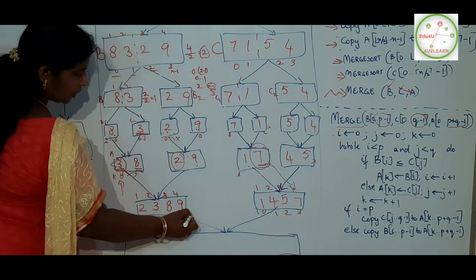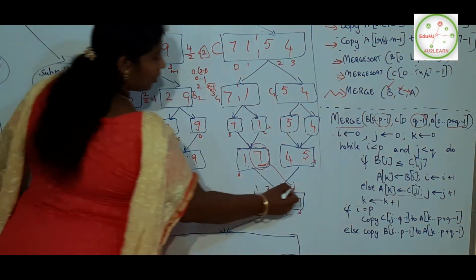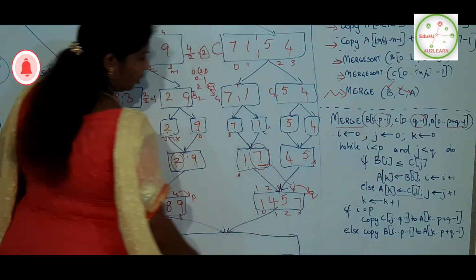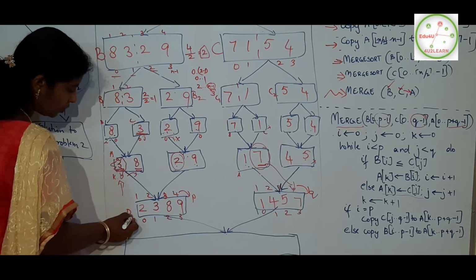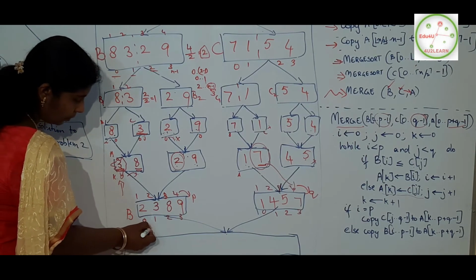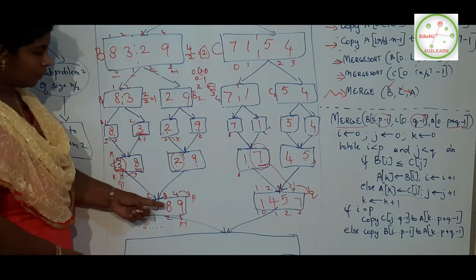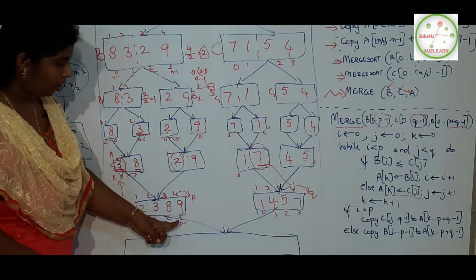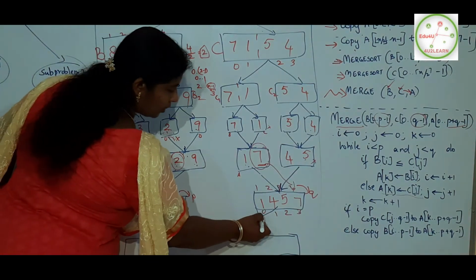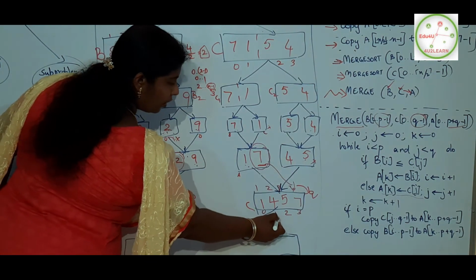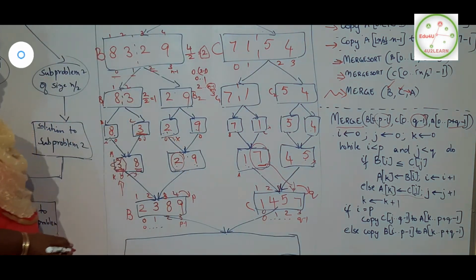So this element that is taken as p and this is taken as q. So now when you look into the position, you have it ranging from 0 to p minus 1. So you have p as 4, so p minus 1 is going to be 3. So here this C array, it ranges from 0 to q minus 1.